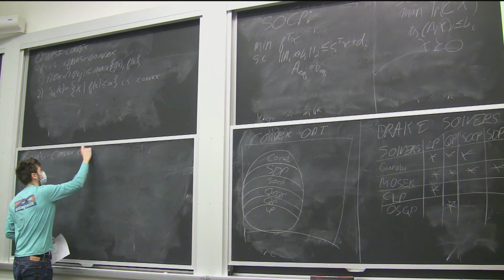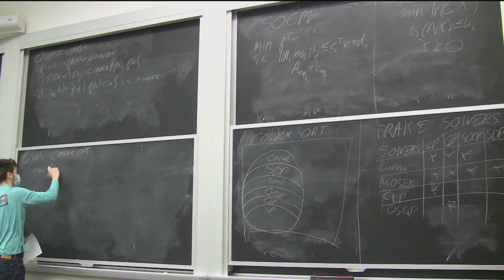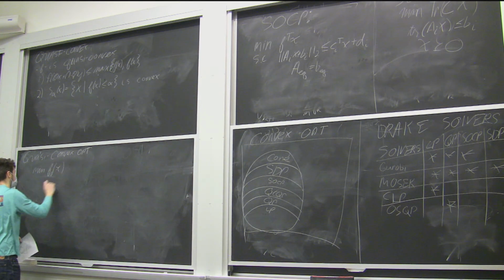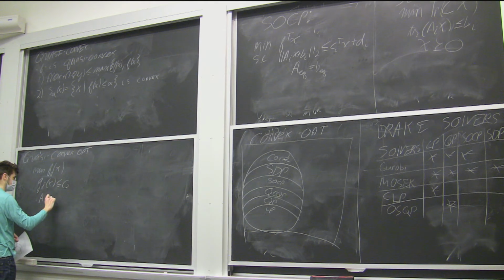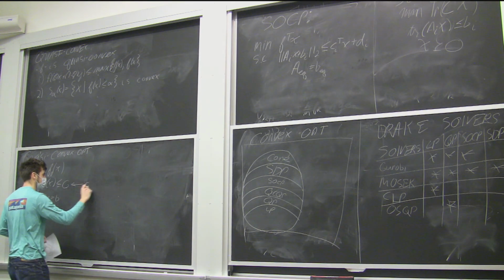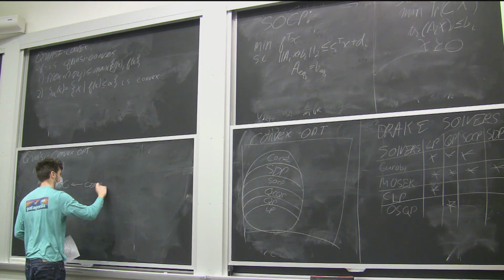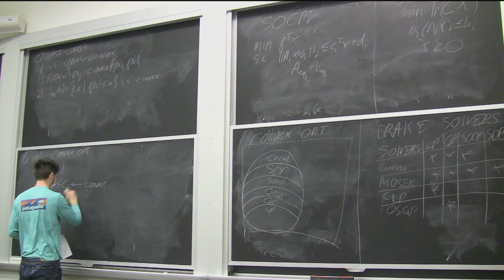So a quasi-convex optimization problem is one that I can write as: minimize f0 of x, subject to constraints gi. So that's affine.